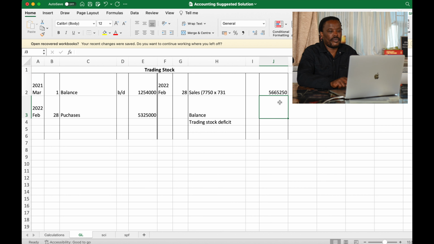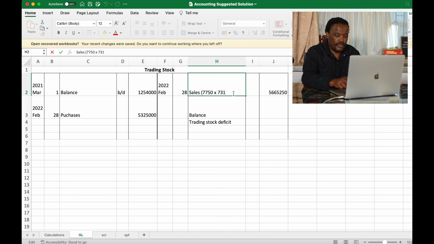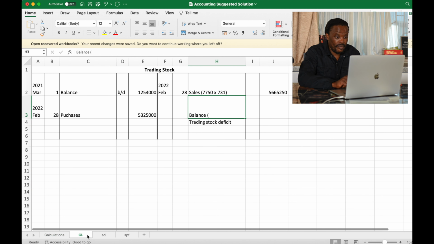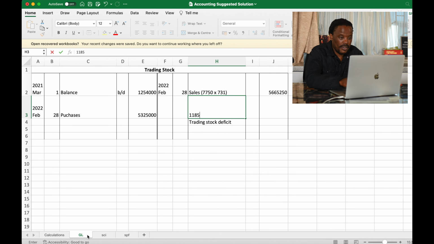And then there was the closing balance, which is 1185.